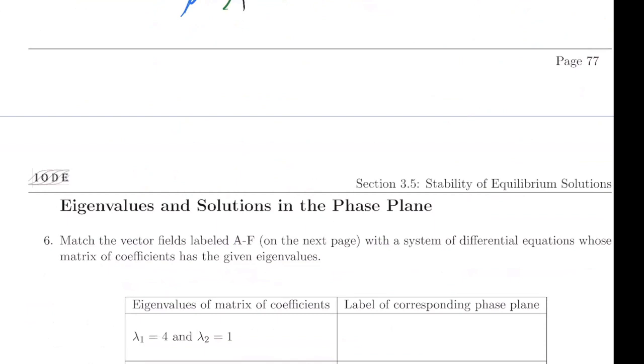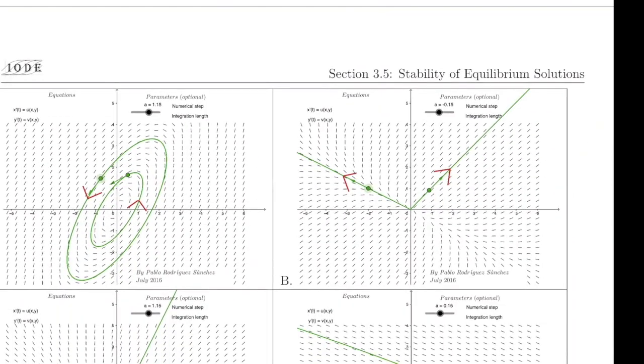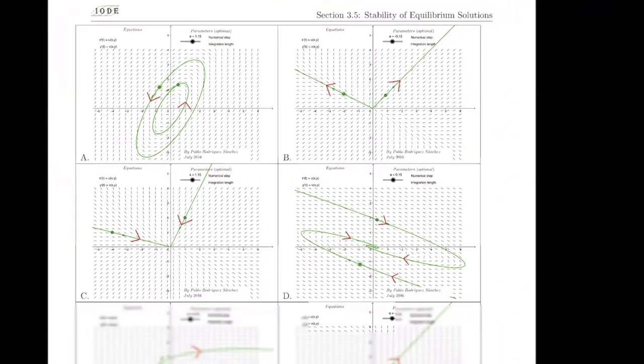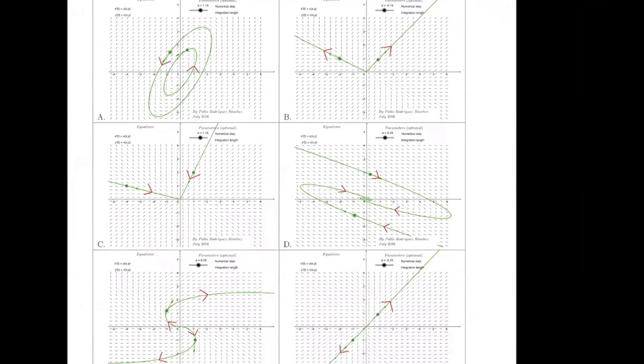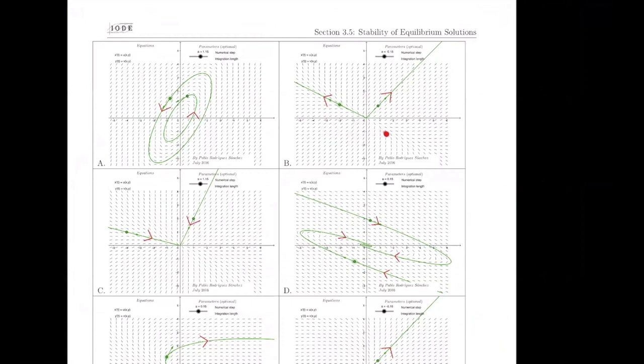Nothing's going to be pointed towards the origin. Yeah, then we're going to get things going out, right? So we should expect to get 2 eigenvectors, and on both of those eigenvectors, we're going to have things flowing out. And if we look at these possibilities over here, the only one that has that property is this one over here, in B.